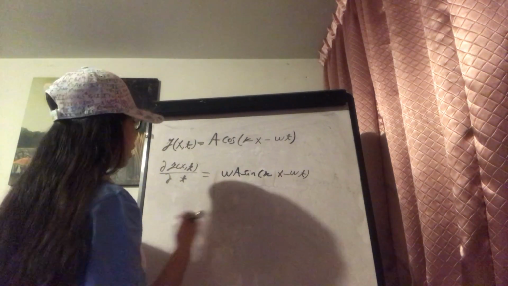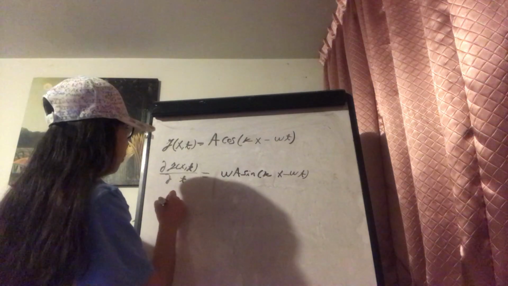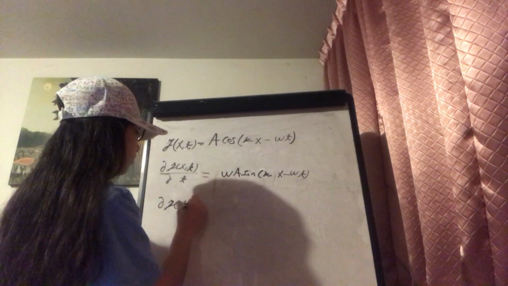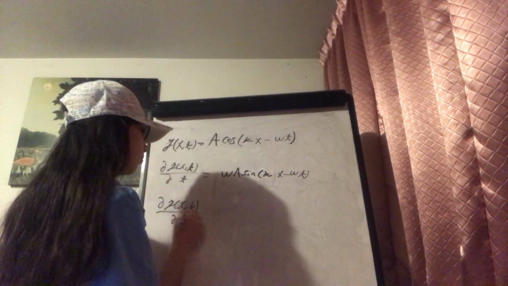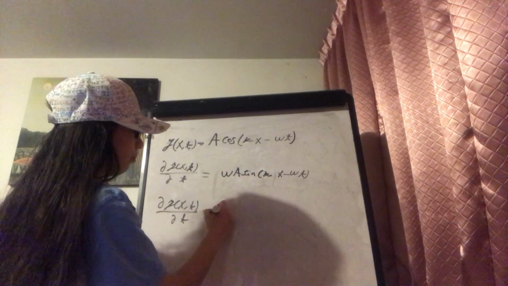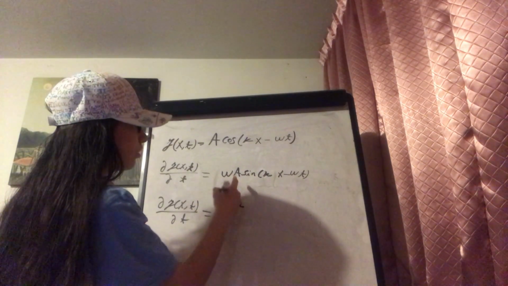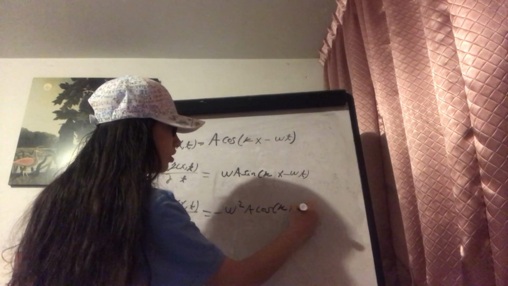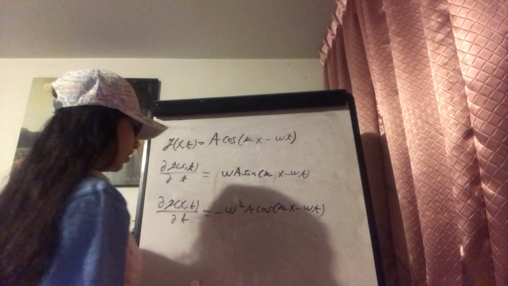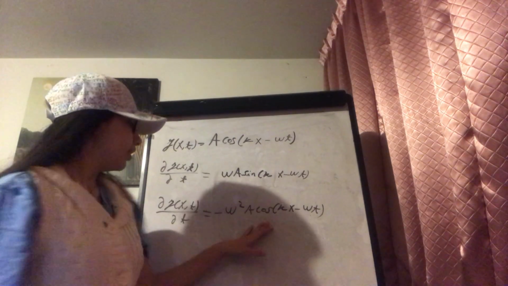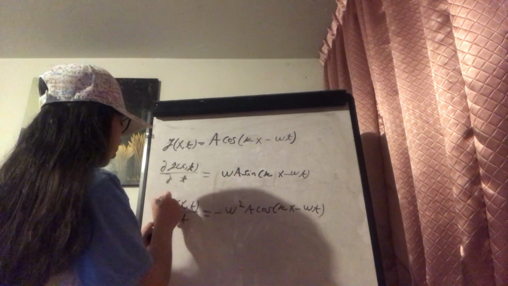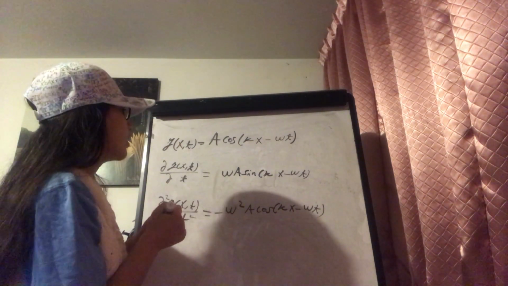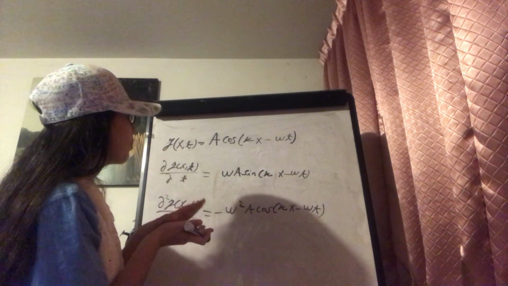Now let's do the second partial derivative of y of x,t with respect to time. This would be now minus omega squared A cosine of kx minus omega t. So this is the second partial derivative of y with respect to time.